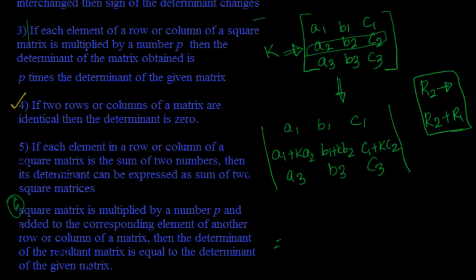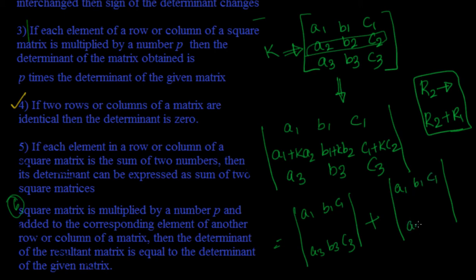Now just now we have learned that whenever you see that a particular row or column can be expressed as a sum, then you can actually write them into two parts. How can I write it? I can first write it as A1. Remaining, here we are working on rows, so the remaining rows will be the same. So I can just go ahead and write them as A1 B1 C1, A3 B3 C3.